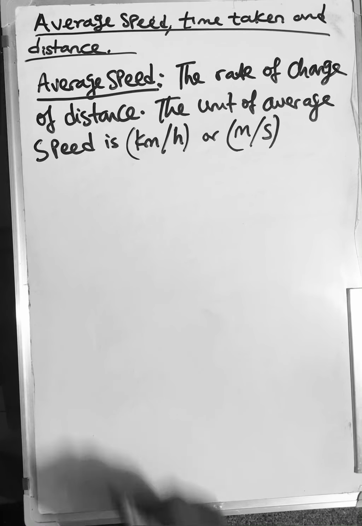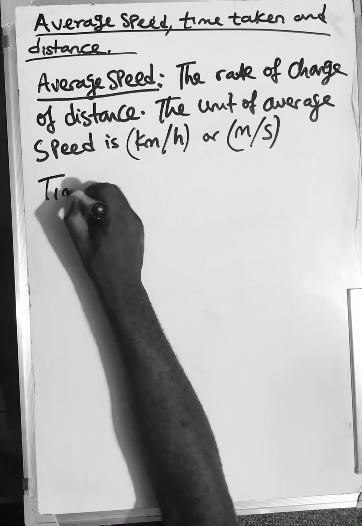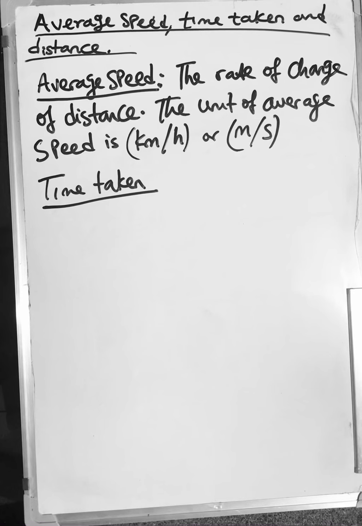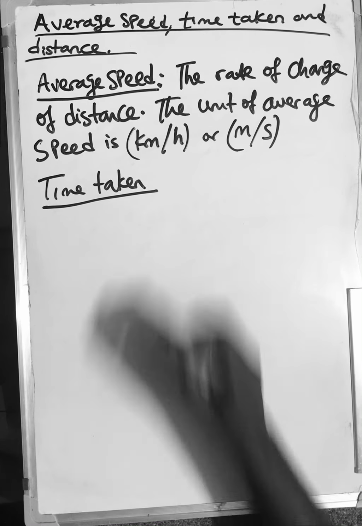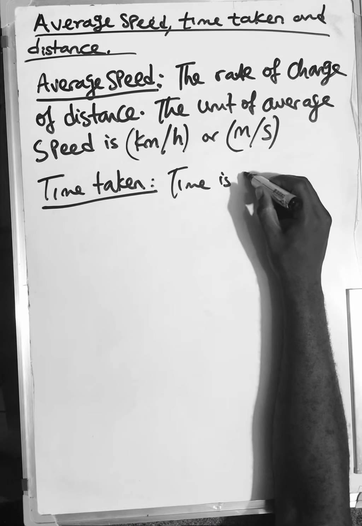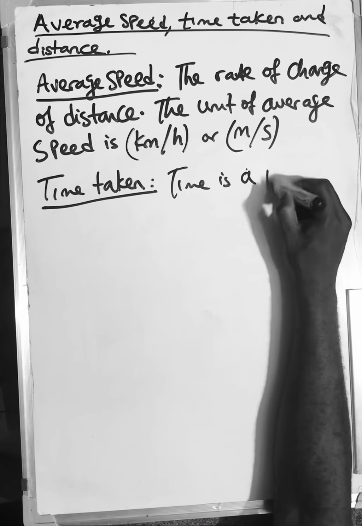So when you talk about time taken, time is just a progression of events. When we talk about time taken, we are looking at the ratio of the distance to the average speed.